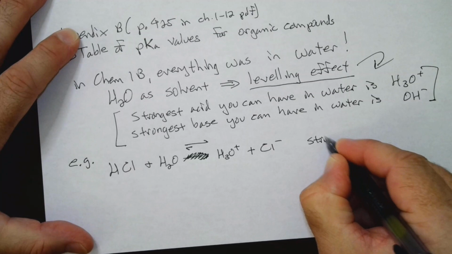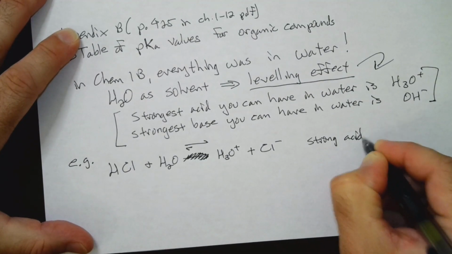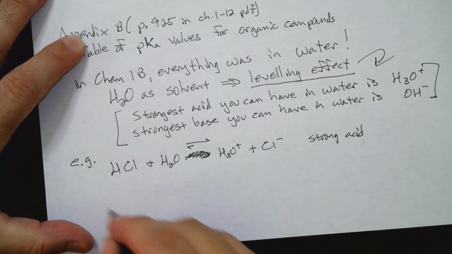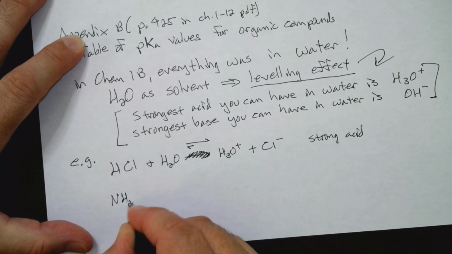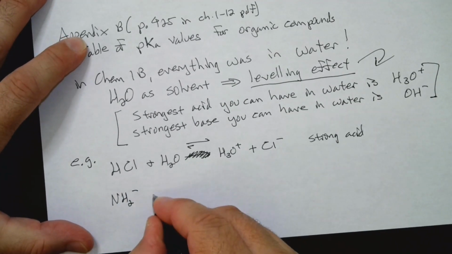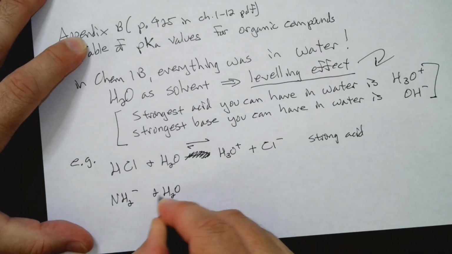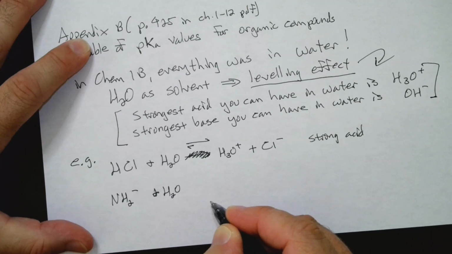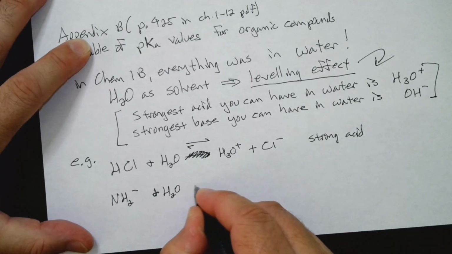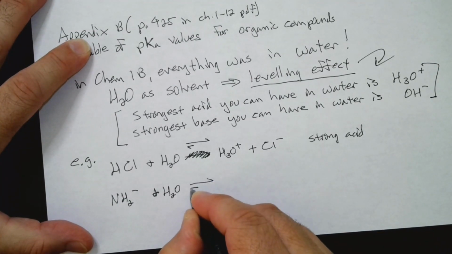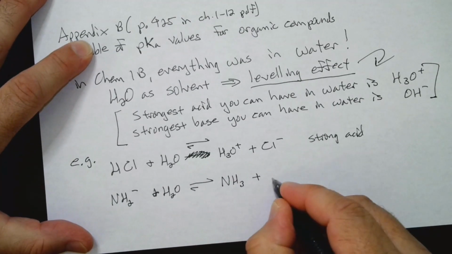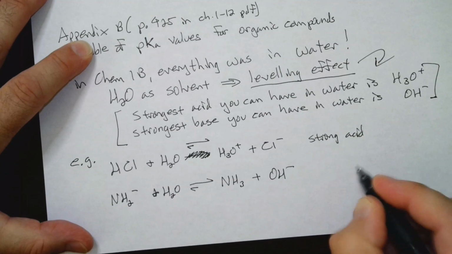So this is our strong acid. And let's say I had NH2− plus H2O. I used, let's say, sodium amide, for example. And I'll go ahead now and get NH3 plus OH−.